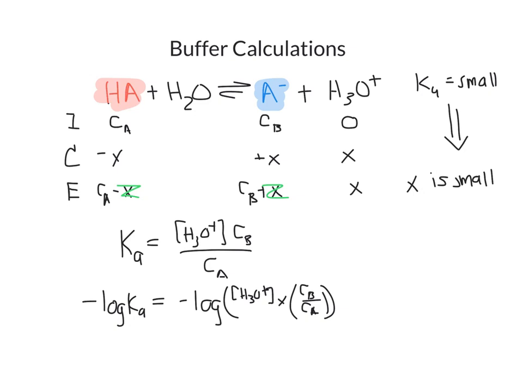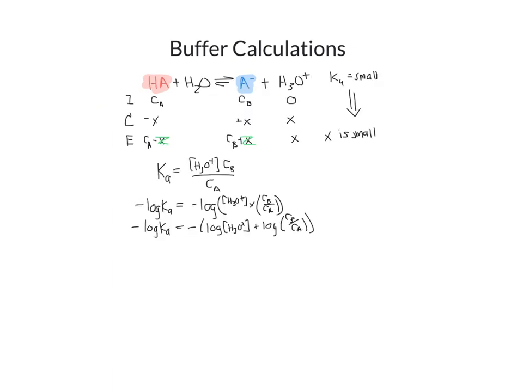Now remember that the log of one thing times another thing is equal to the log of the first thing plus the log of the second thing. And so I can rewrite this as minus the log of Ka is equal to minus the log of H3O+ plus the log of the ratio of the conjugate base concentration to the conjugate acid concentration.